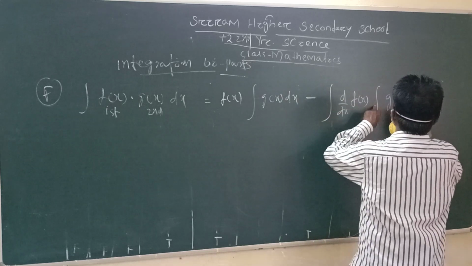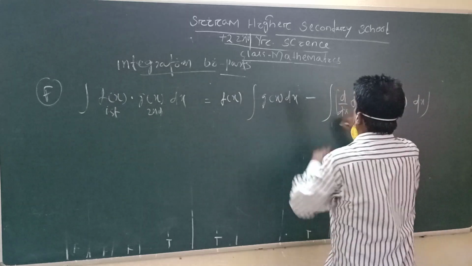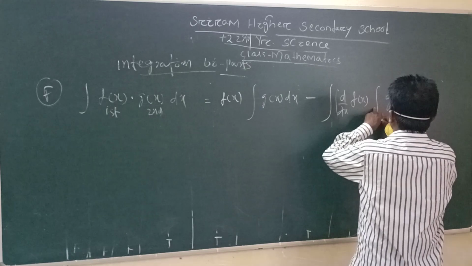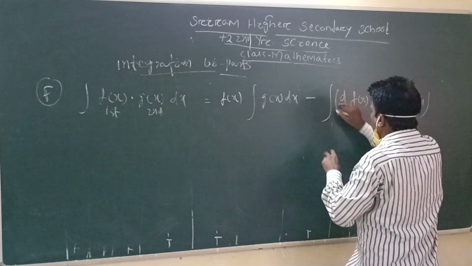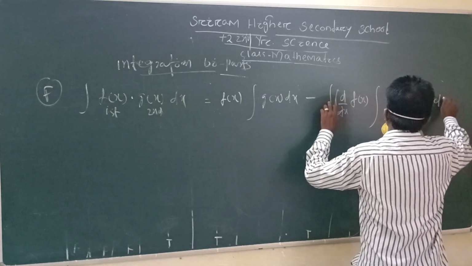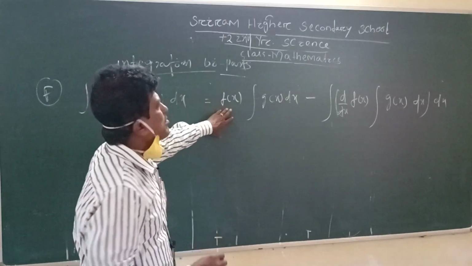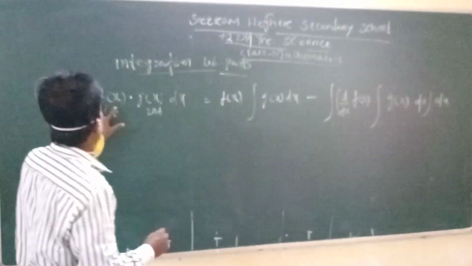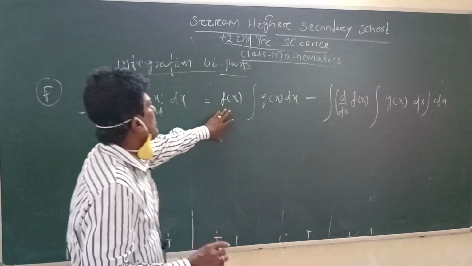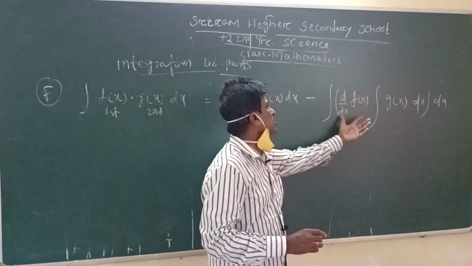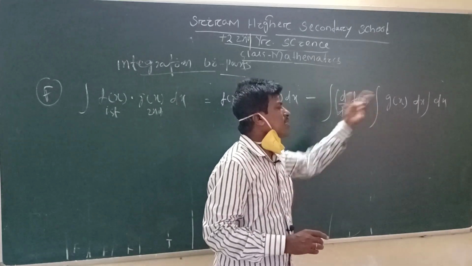Every integration has a dx, so that integration and the whole integration have dx. Look again, for remembering: if two functions are multiplied, the first function is constant, integration of the second function, minus the derivative of the first function times the integration of the second function, all dx.